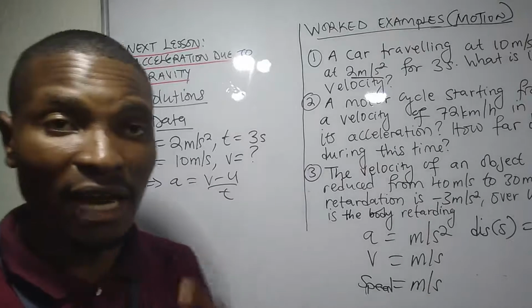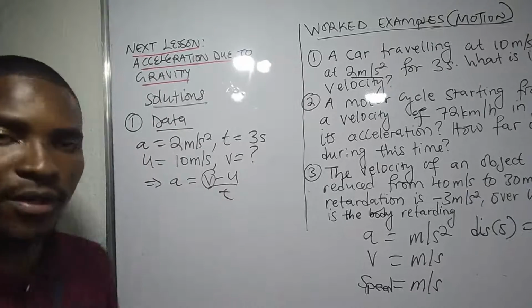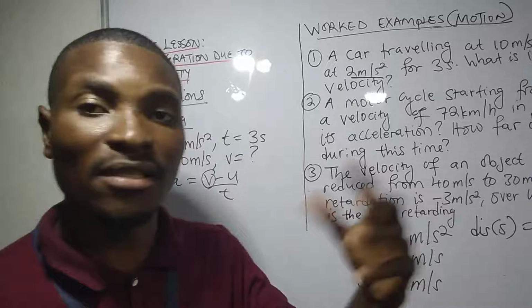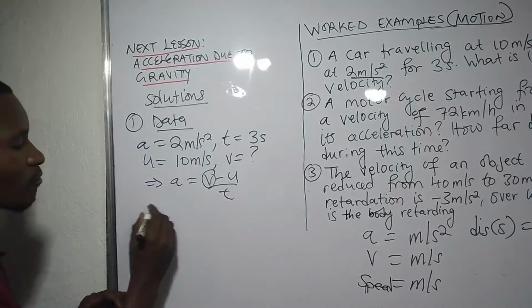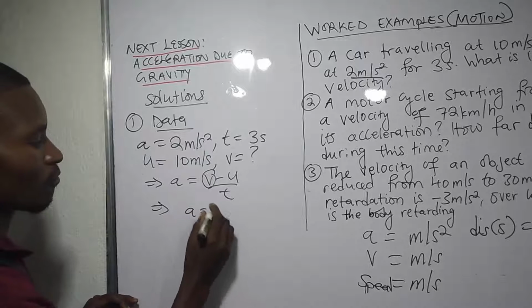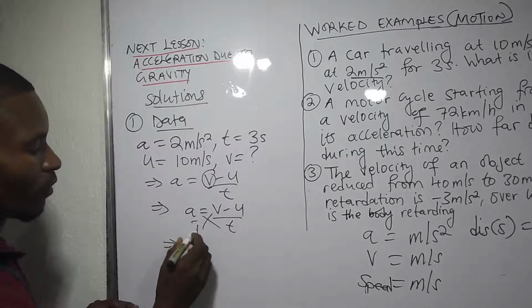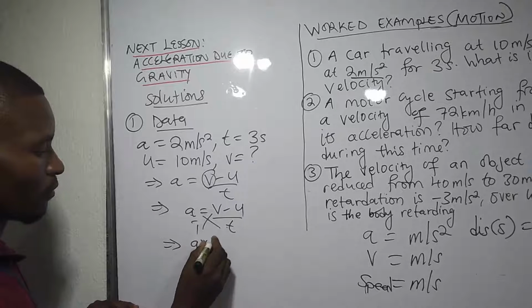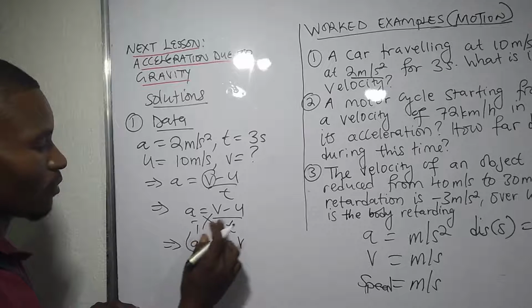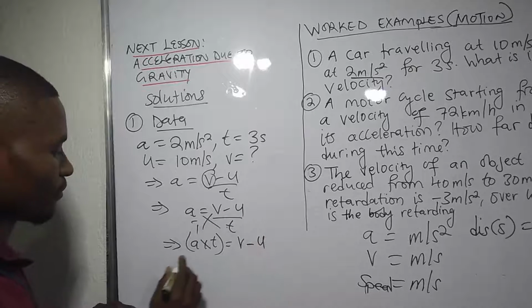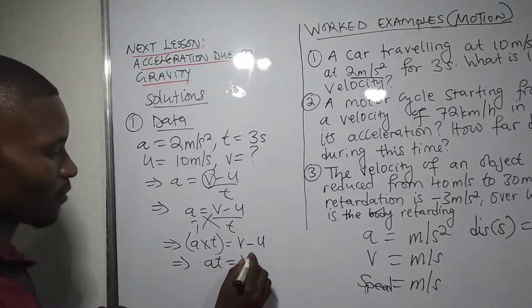So the final velocity is not the subject of the formula, which is a. That means we have to make v the subject of the formula.